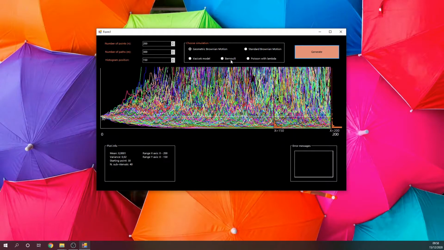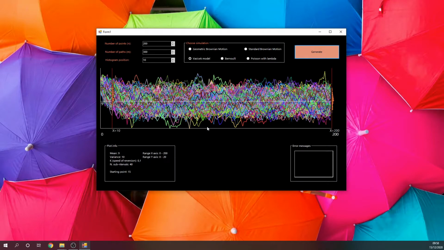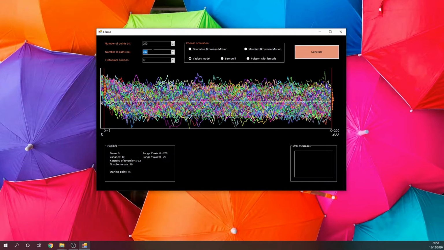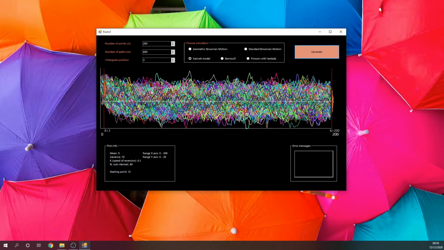Okay, so let's move to the Vasicek model. Let's start with 10 and the histogram value and a good number of paths.